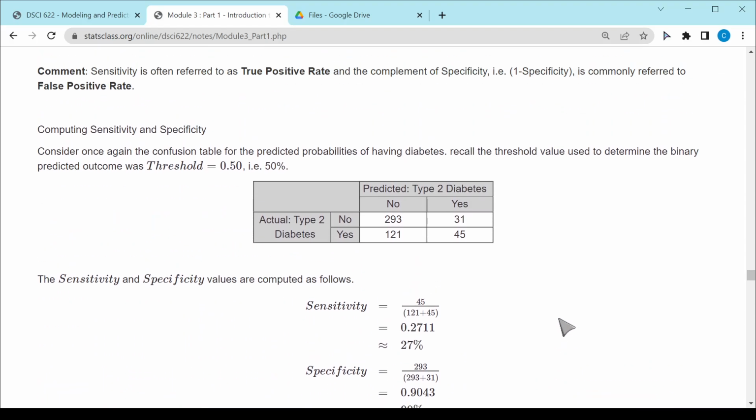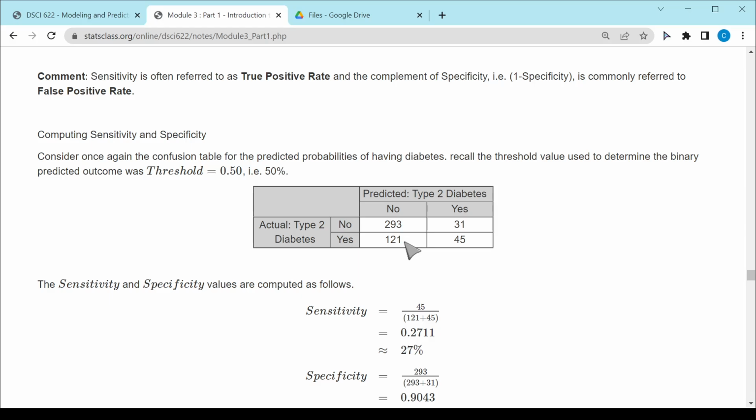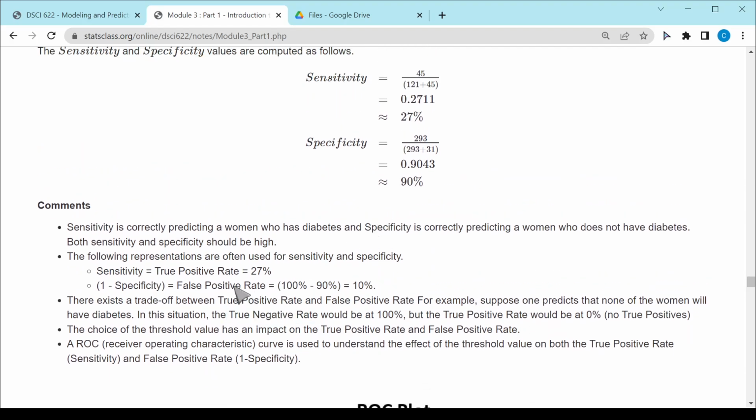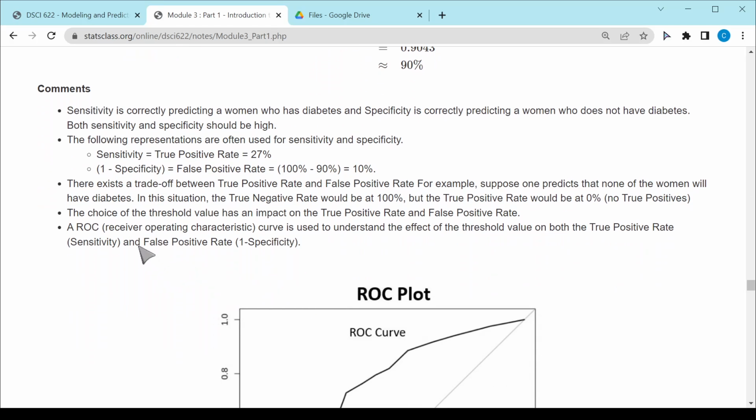So I'm going to miss all of the people that do have diabetes. I'm just going to label them as not having diabetes. So that's bad. So there's a balance that has to exist between this idea of a true positive rate and a false positive rate. The choice of our threshold value definitely has an impact on the true positive rate or the false positive rate, or the sensitivity and specificity.